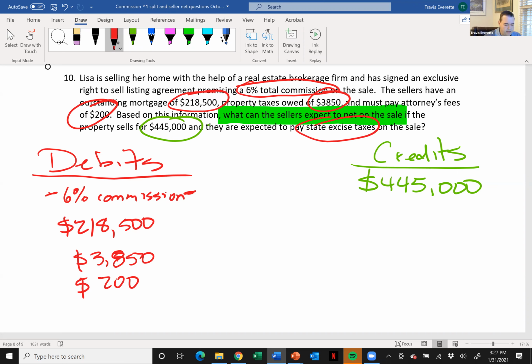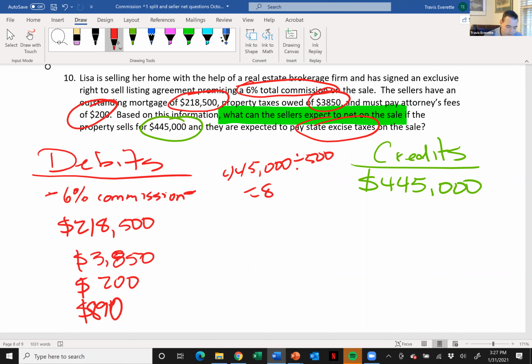And we know state excise taxes, that's going to be the sales price, which is $445,000 divided by 500 equals... 445,000 divided by 500. I got 890 in excise taxes, and we need to go back now and take care of that 6% commission note that we made for ourselves.